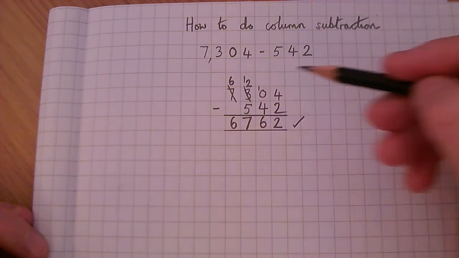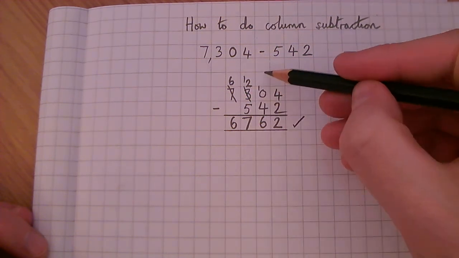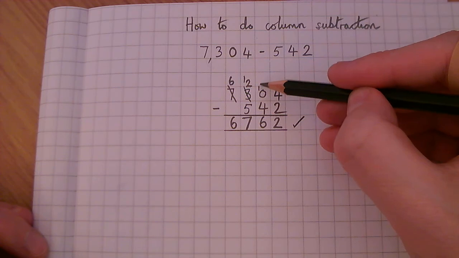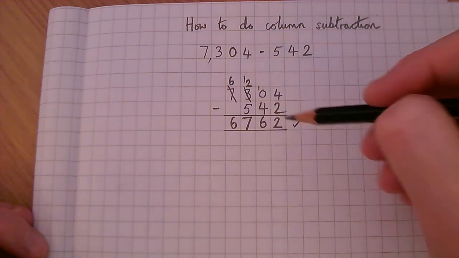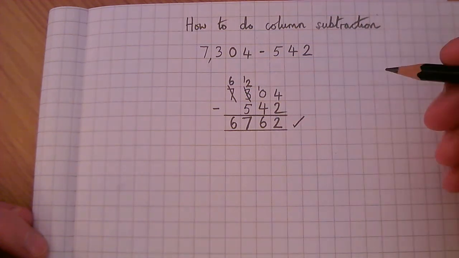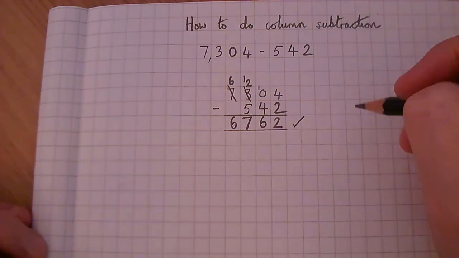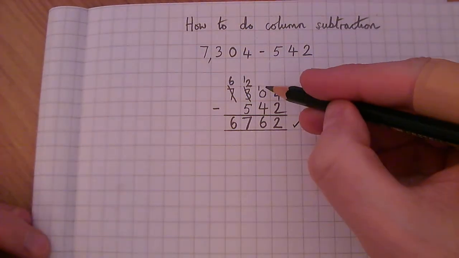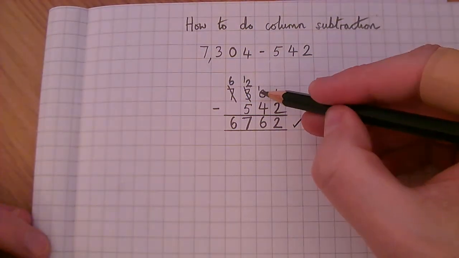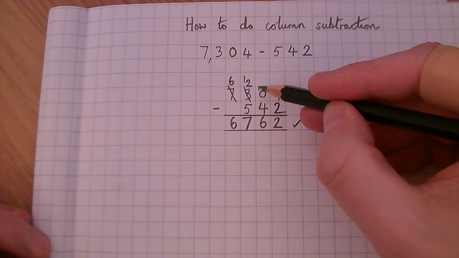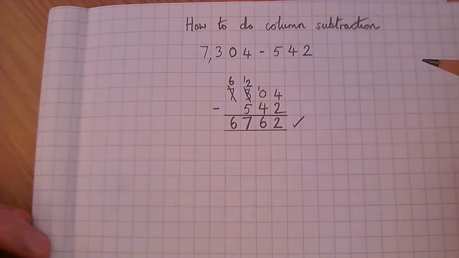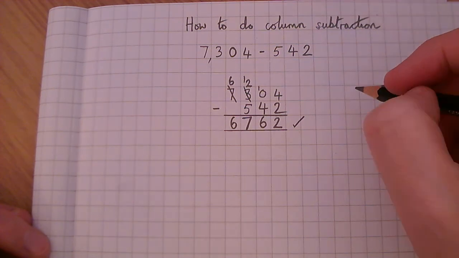We must go to the next column to help us. Once the number at the top is bigger than the number at the bottom, then you can do your subtraction. So just be mindful and careful that you don't make that mistake. Make the digit at the top bigger in value than the one at the bottom, and then you can do your subtraction. And that's it.